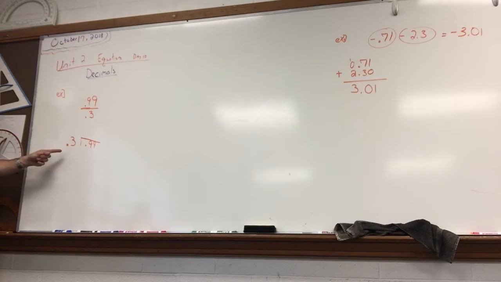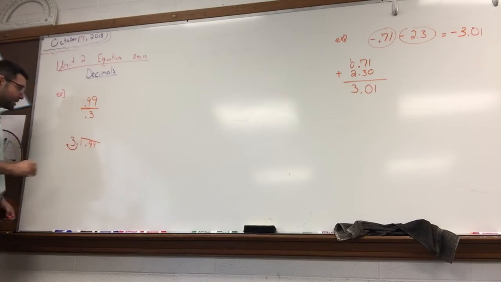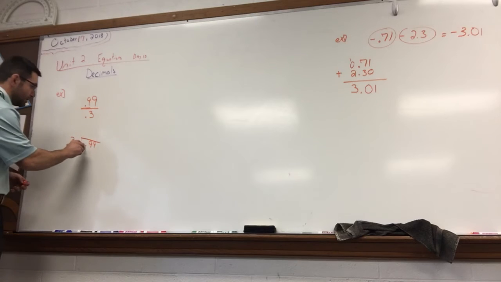The number on the outside cannot be a decimal anymore. So it's 3/10. If it's tenths, how many decimal places to the right do we need to move it? Ryan? 1. If I move this decimal place 1 to the right on the outside, how many times do I have to move it on the inside? 1.